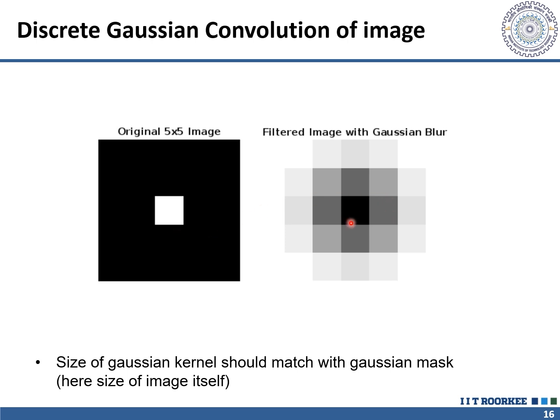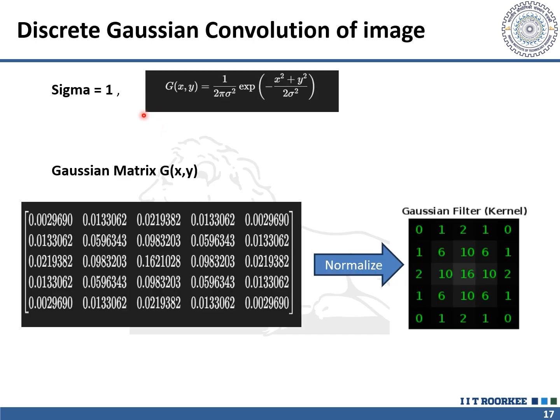Let us move into the mathematical part and try to solve how it looks when we convolve it with a Gaussian matrix, or Gaussian kernel. The discrete Gaussian matrix, also known as the Gaussian kernel, can be obtained from the Gaussian function, which is given by 1 over 2 pi sigma squared times the exponential of minus (x squared plus y squared) over 2 sigma squared.